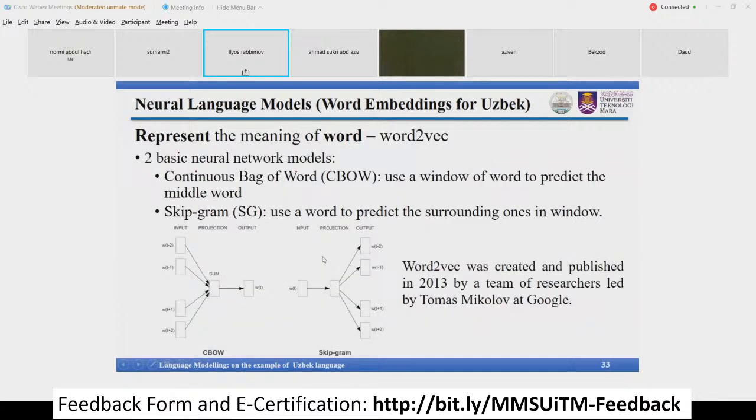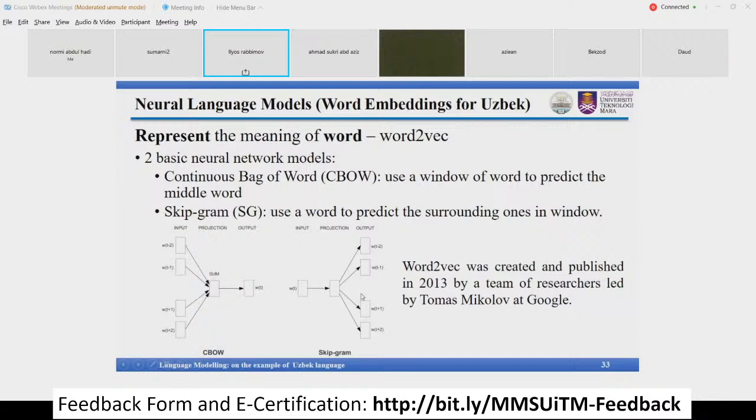These represent the meaning of words. Word2Vec has two basic neural network models: first, continuous bag of words, and second, skip-gram. Continuous bag of words uses a window of words to predict the middle word. Skip-gram uses a word to predict surrounding ones in the window.